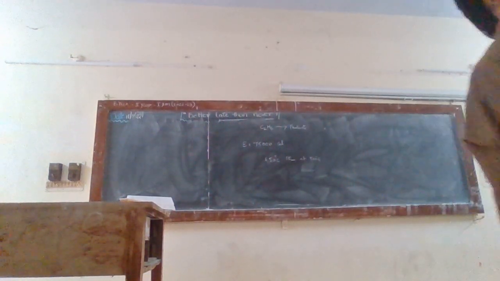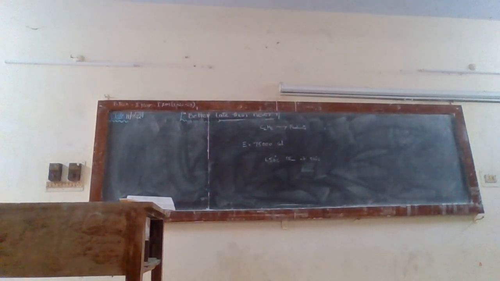Bhavna, what is the R value you have taken? You are supposed to take R value as 1.987 calories per mole Kelvin because it is given in calories. So I already told, depending on the units, your R value has to change.